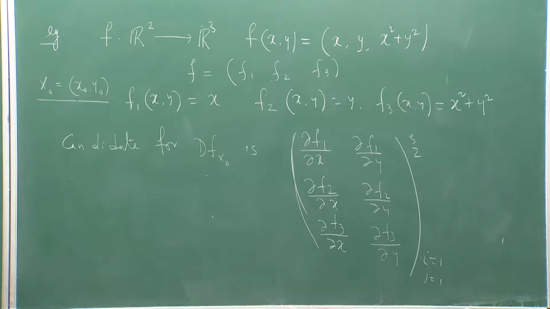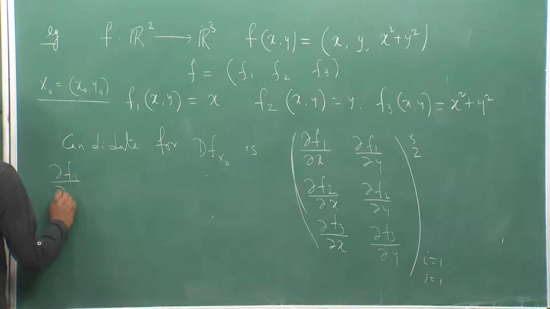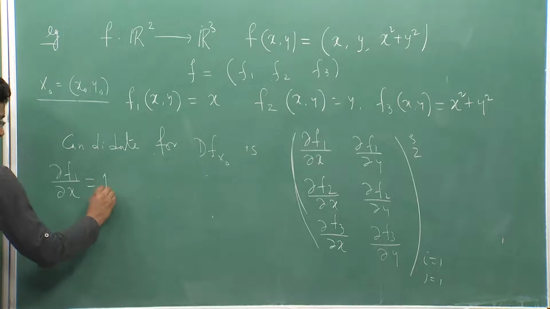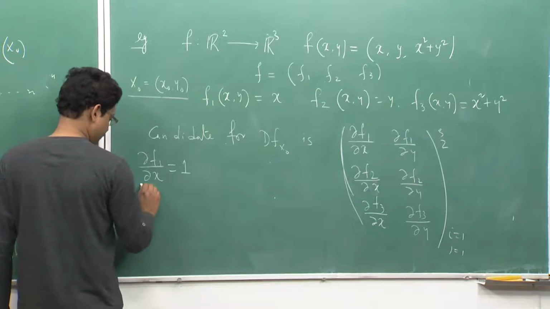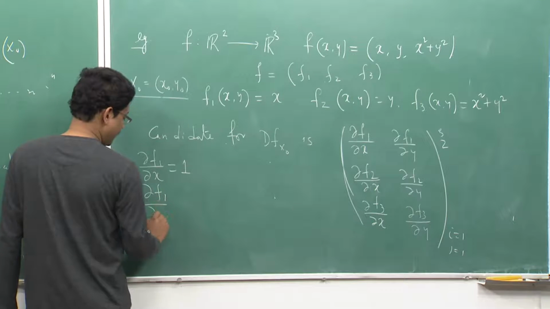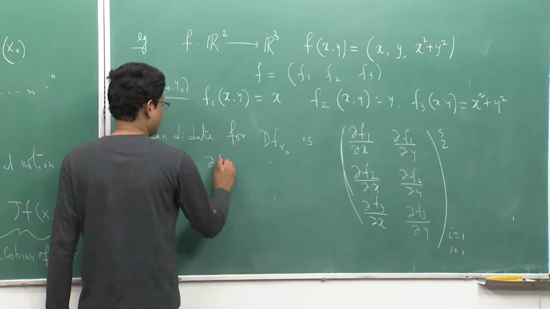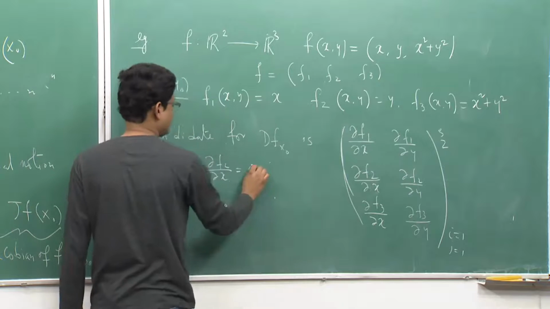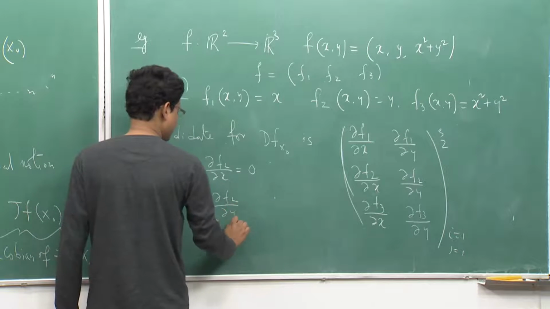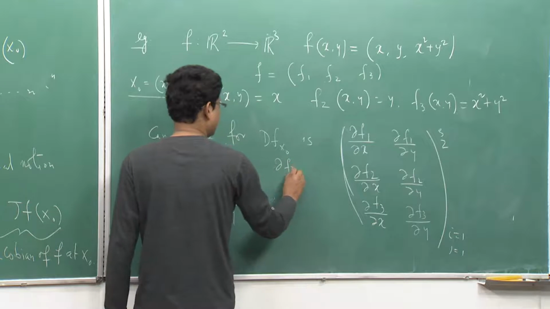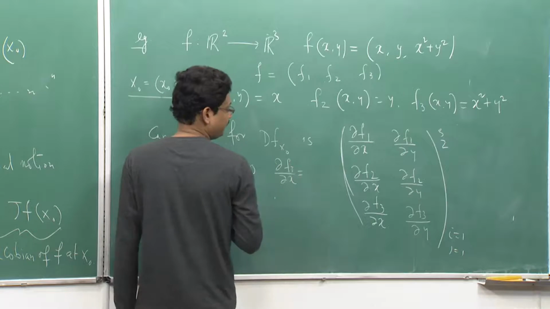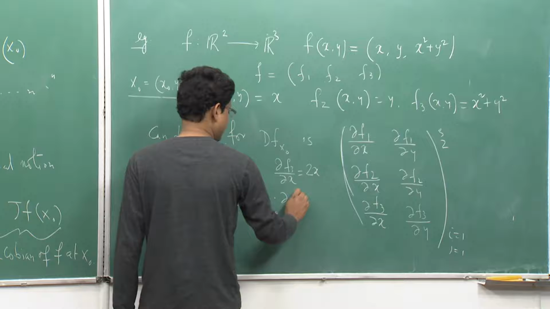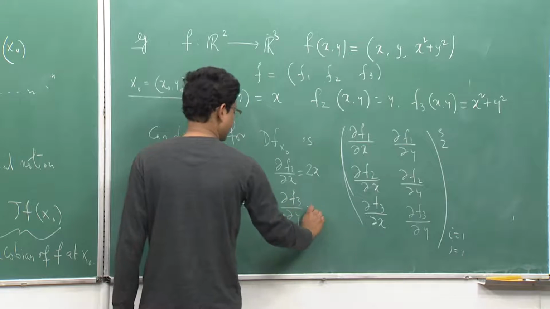So let us calculate the entries. Del f1 del x, how much is that? This is simply 1, and del f1 del y is 0. Del f2 del x: f2 is y, so this is 0, and del f2 del y is 1. Del f3 del x is equal to 2x, and del f3 del y is equal to 2y.